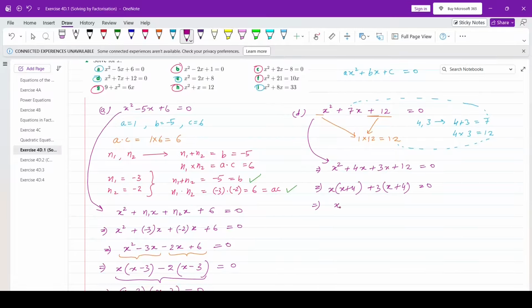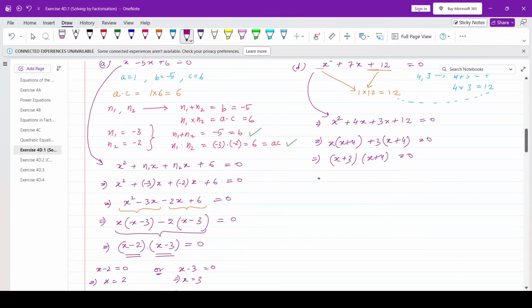And from here, we can write this equation as x plus 3 times x plus 4 is equal to 0. And from here, we can say x plus 3 is equal to 0, or x plus 4 is equal to 0. So x is equal to negative 3, or x is equal to negative 4. Therefore, x is equal to negative 3 or negative 4. That's the answer.